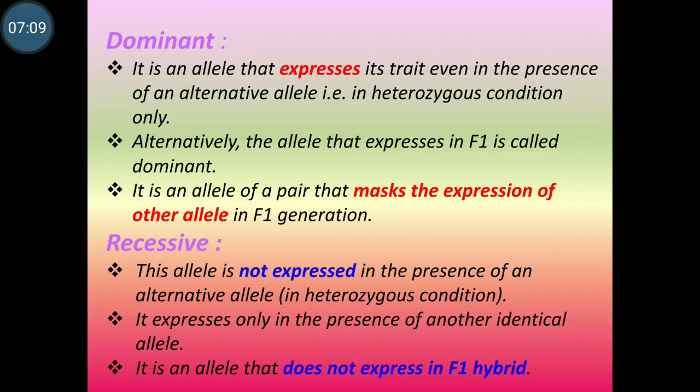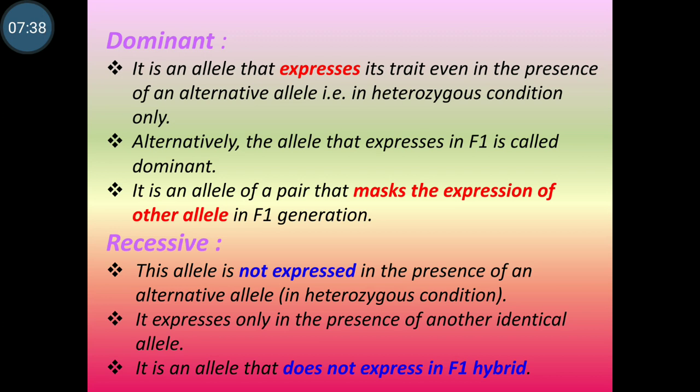Dominant, it is an allele that expresses its trait even in the presence of an alternative allele, that is, in heterozygous condition only. Alternatively, the allele that expresses in F1 generation is called dominant. It is an allele of pair that masks the expression of other allele in F1 generation.